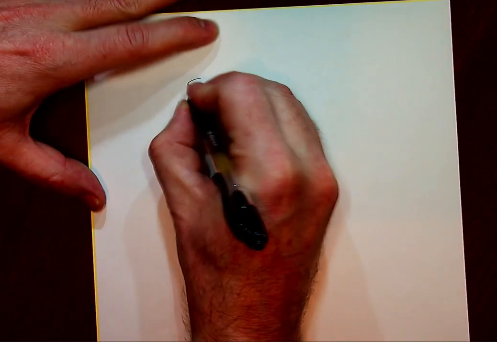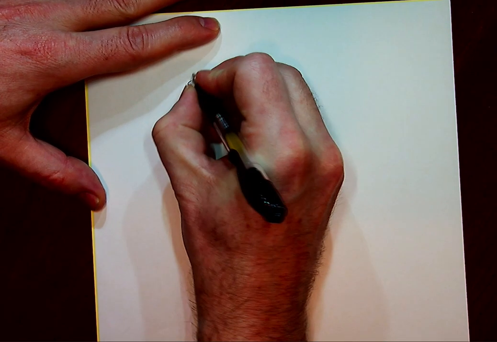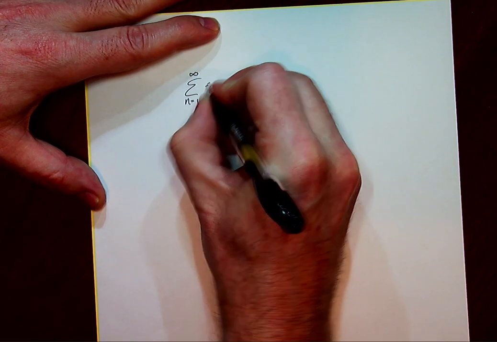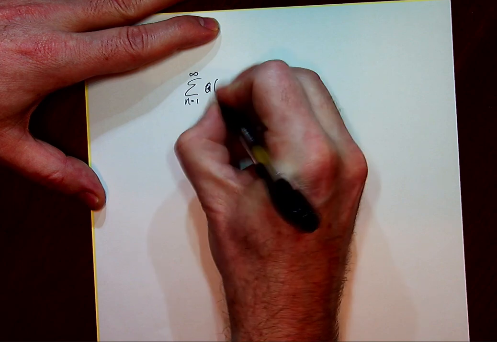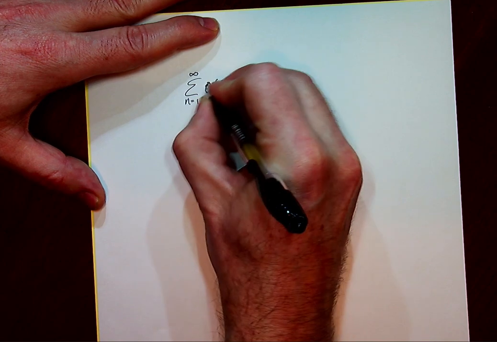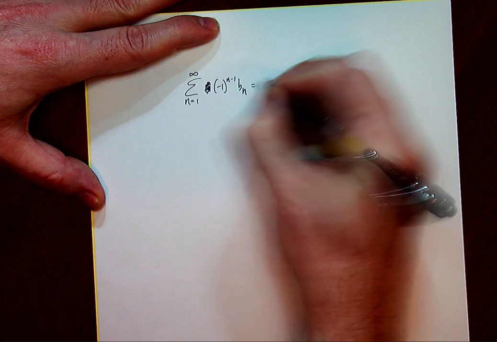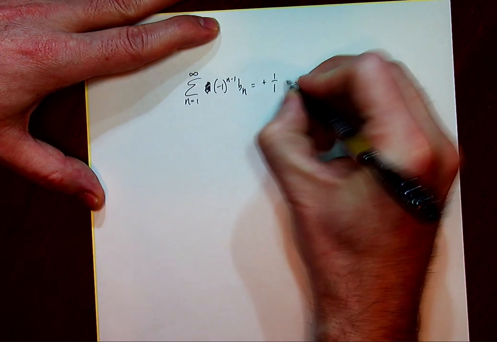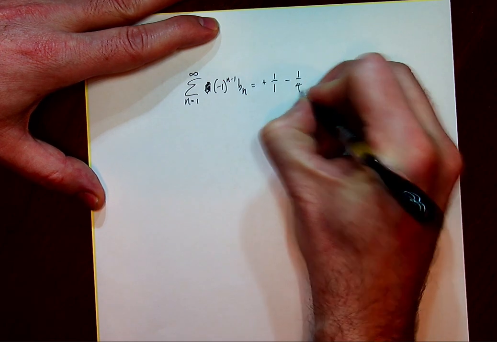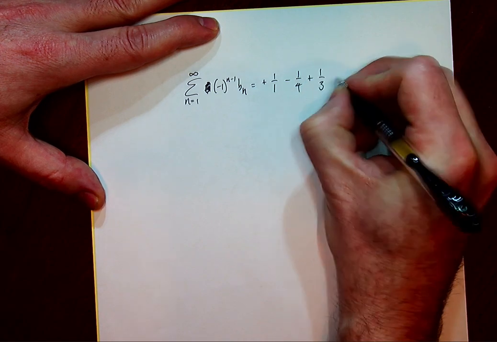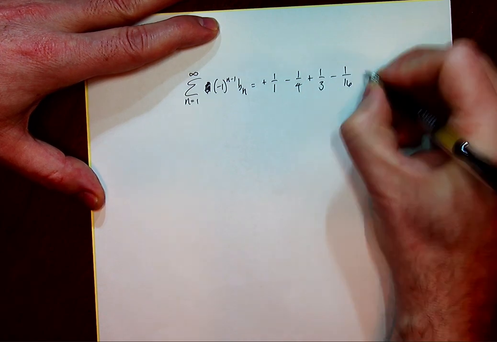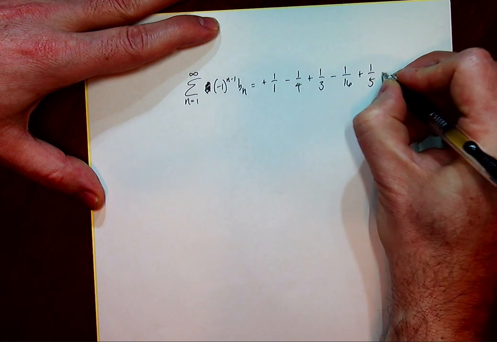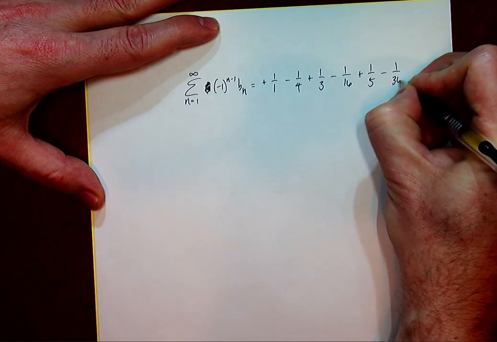All right. So we have, again, the sum from n equals 1 to infinity of negative 1 to the n minus 1, b sub n, and that's positive 1 over 1, minus 1 over 4, positive 1 over 3, minus 1 over 16, positive 1 over 5, minus 1 over 6 squared, or 36, and on and on.